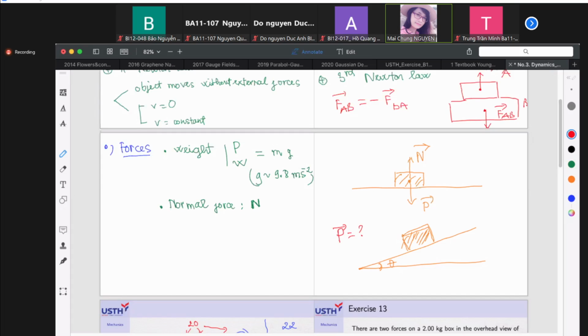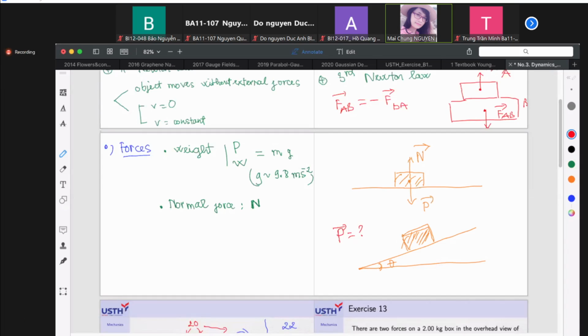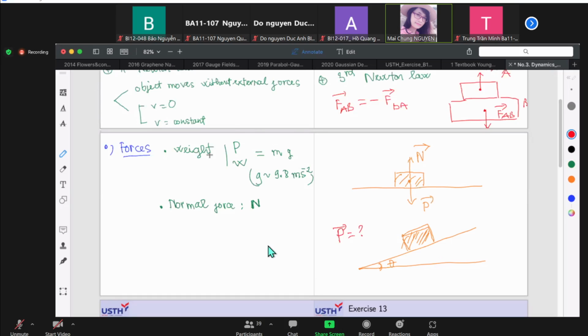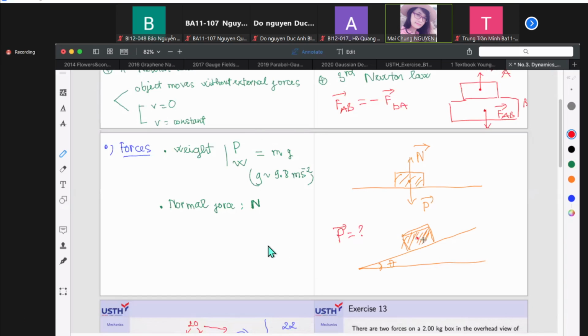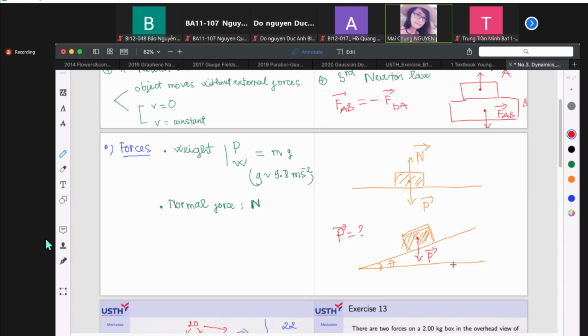Hey guys, where is the weight? Who knows? Do you know that? The weight force is always downwards, right? So we have the weight here, right? Is that true? In your lecture, the teacher told you that the weight is downward, right?